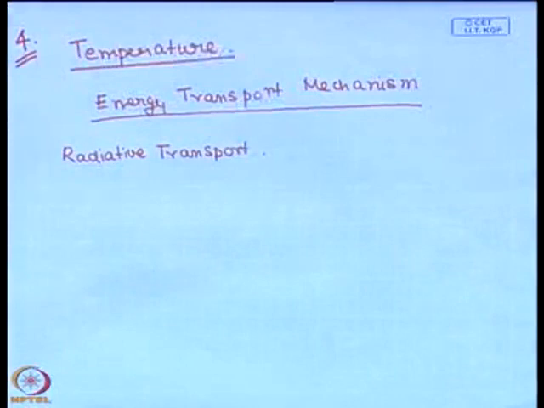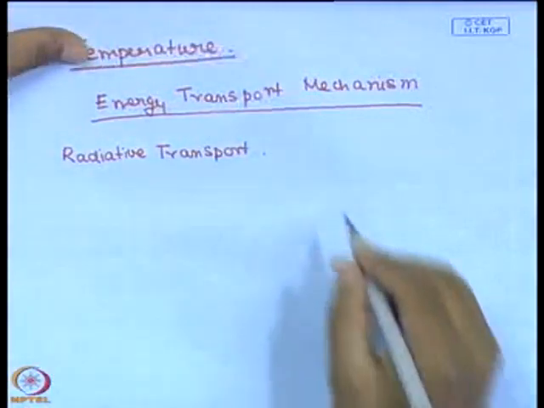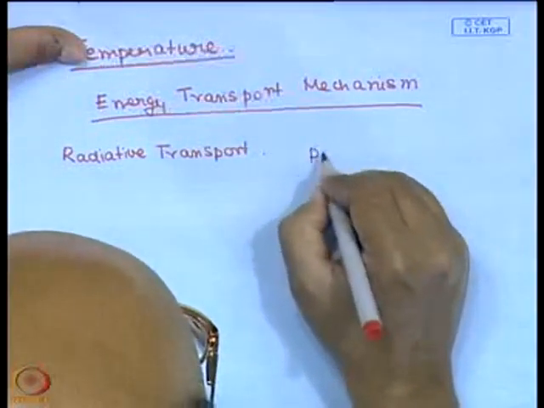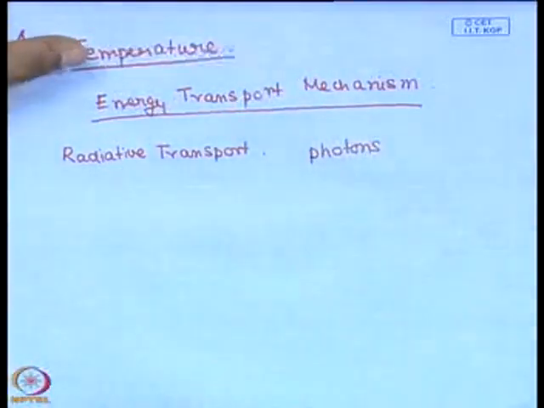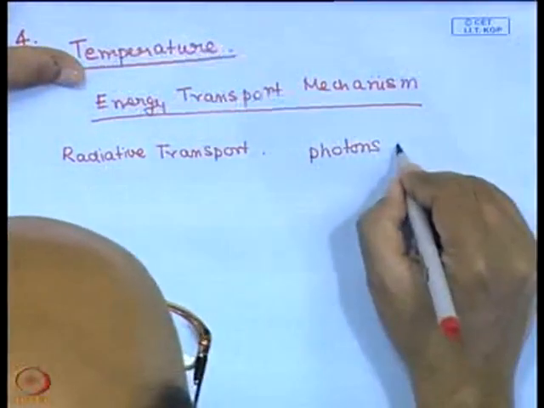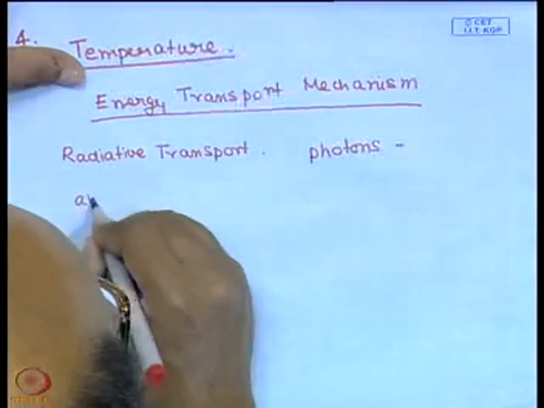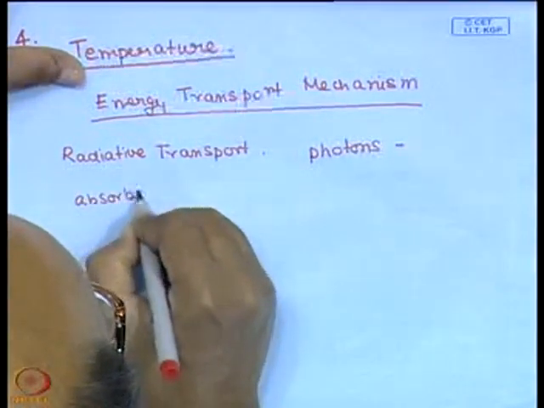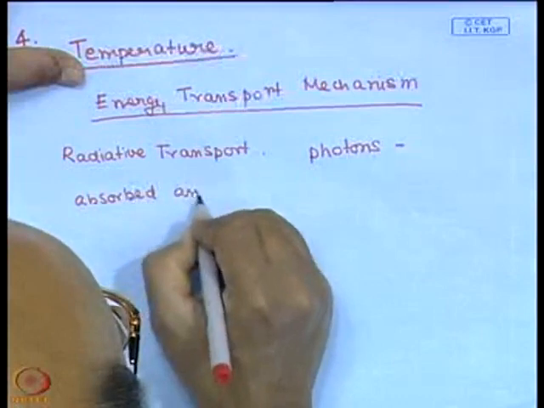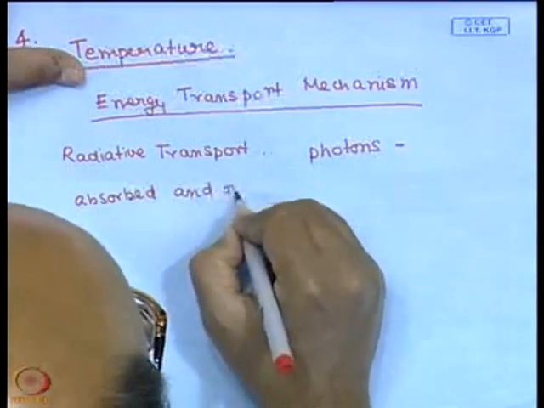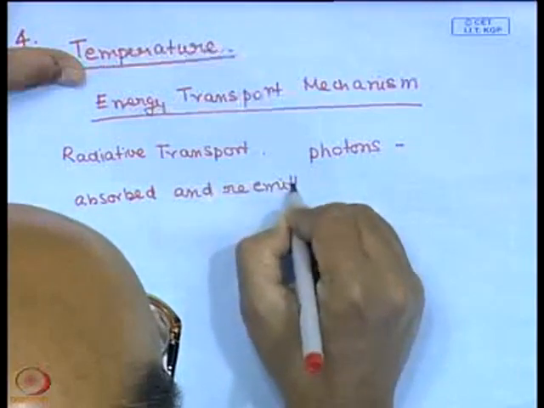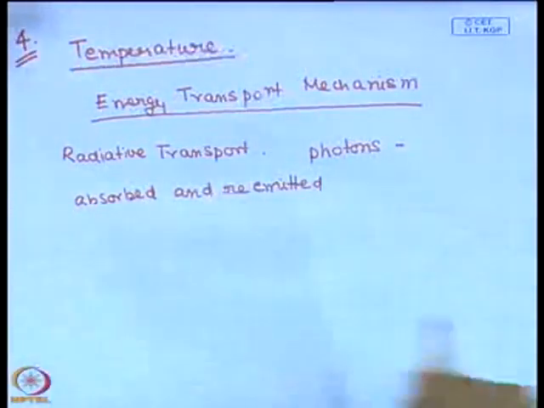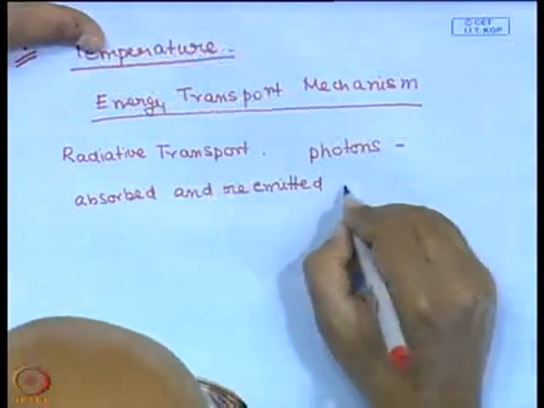So, in radiative transport, what happens is that the photons get absorbed and re-emitted and they slowly make their way across the sun, okay, and they diffuse.